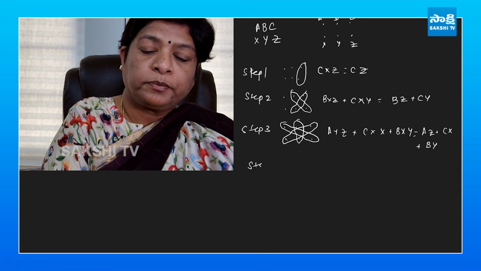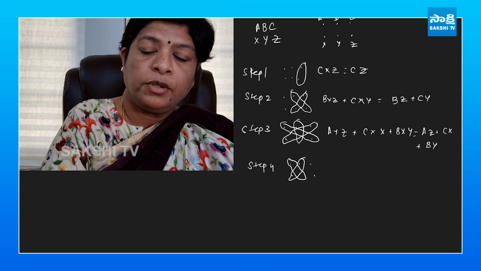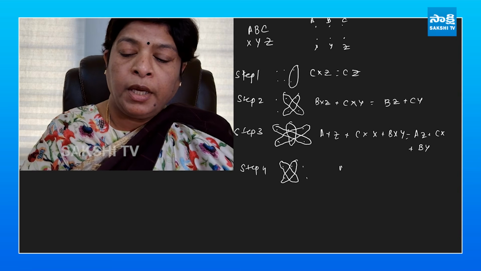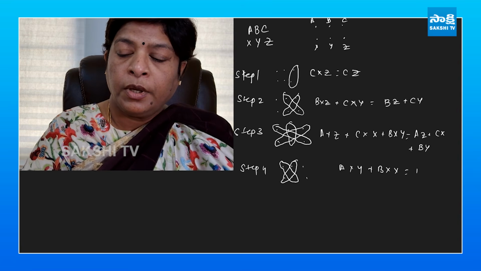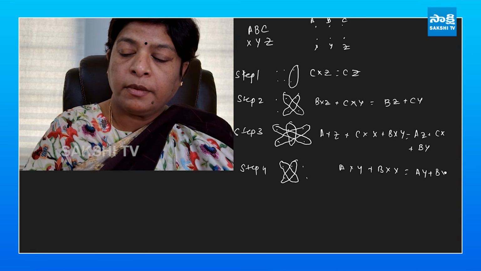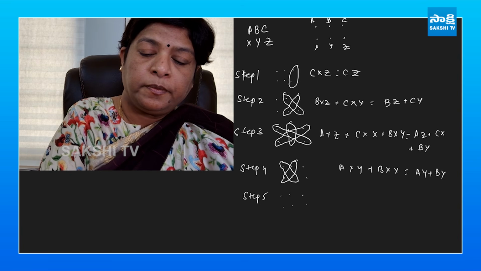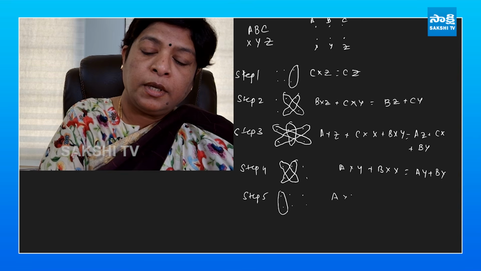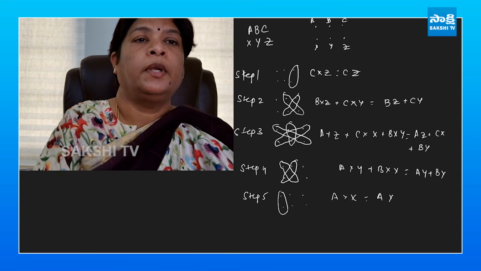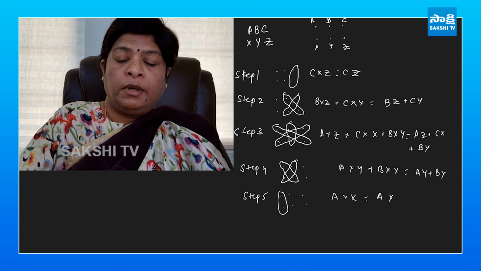Step 4: cross multiplication of the tens and the hundreds place, and the other combination also. So it's going to be A times Y plus B times X, AY plus BX. Step 5: the vertical multiplication of the hundreds place digits, which is A times X, AX. Now arrange all these numbers in a particular order.